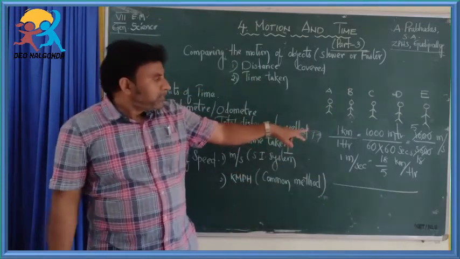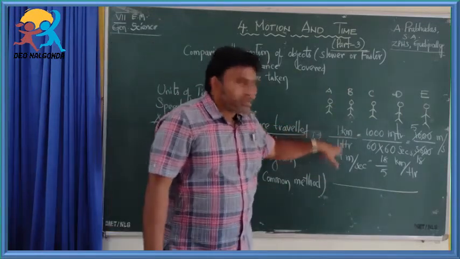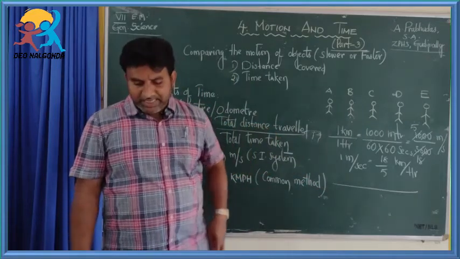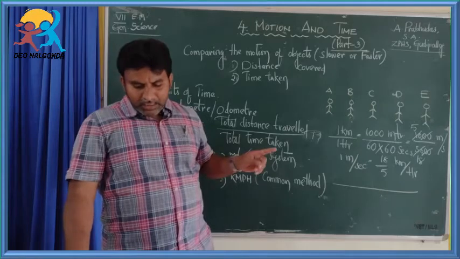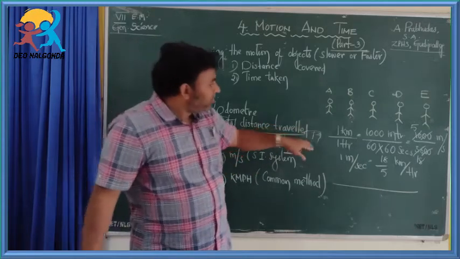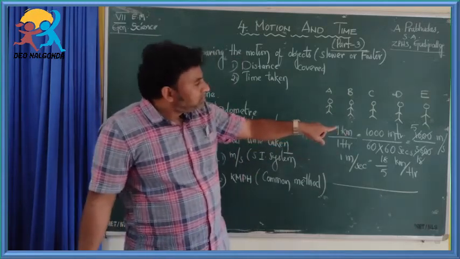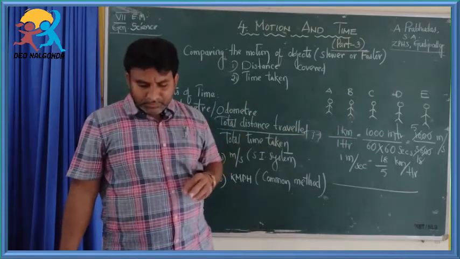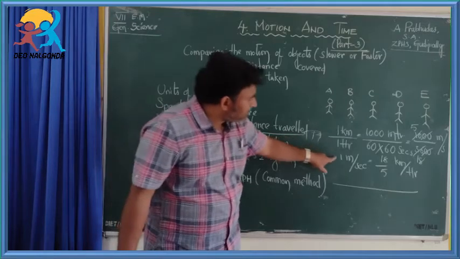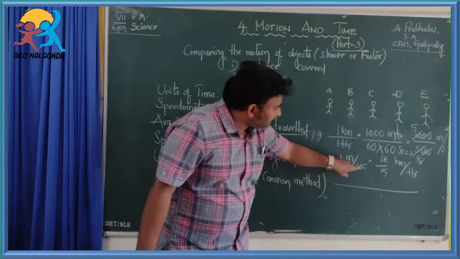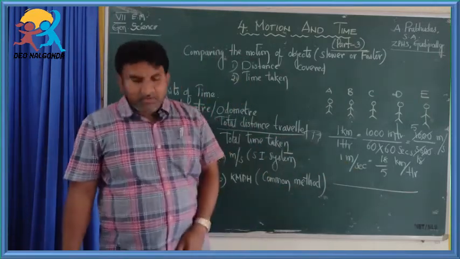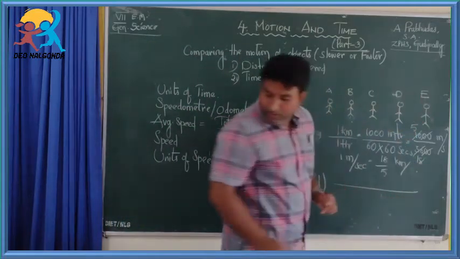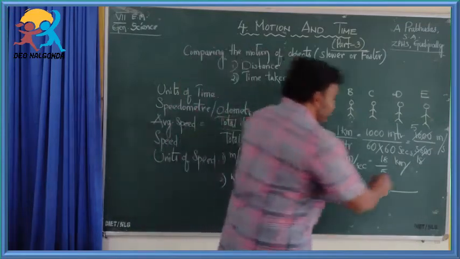These are the two relations we use to calculate the speed of a vehicle.